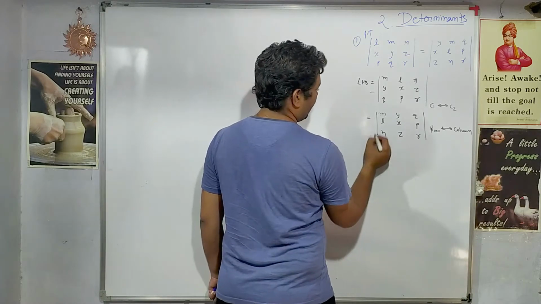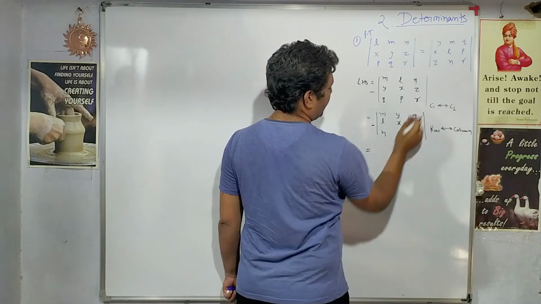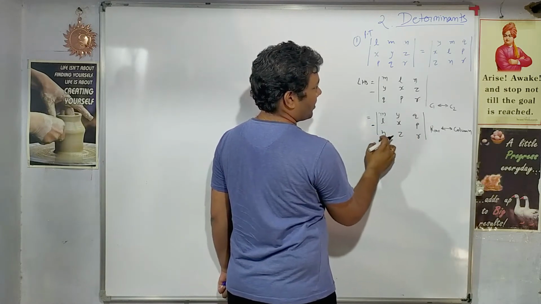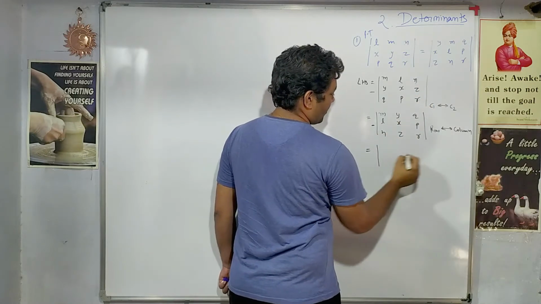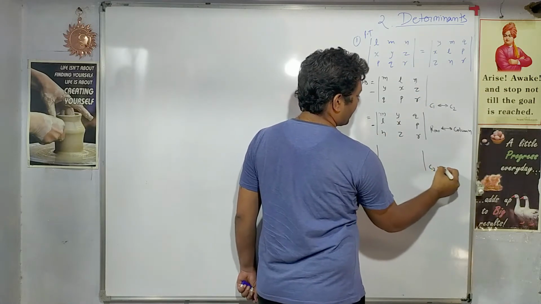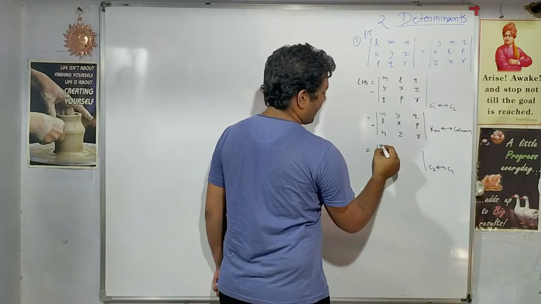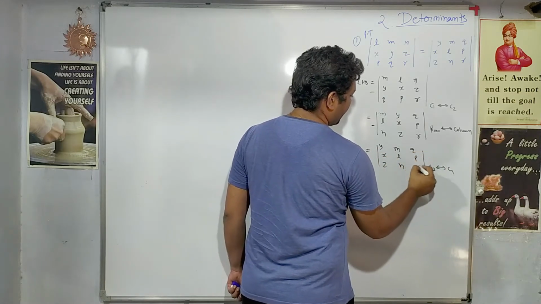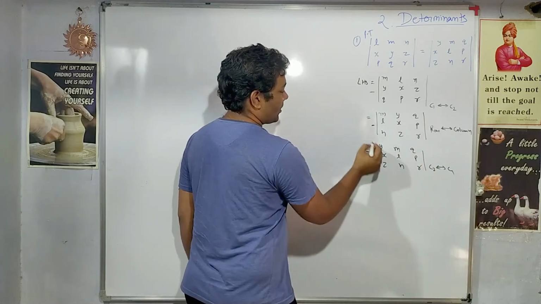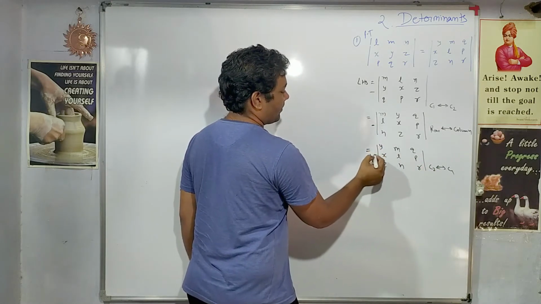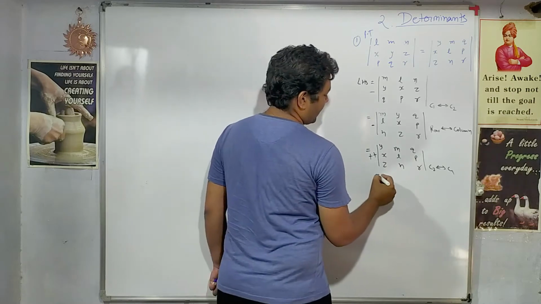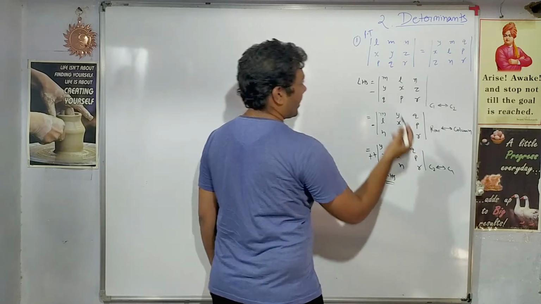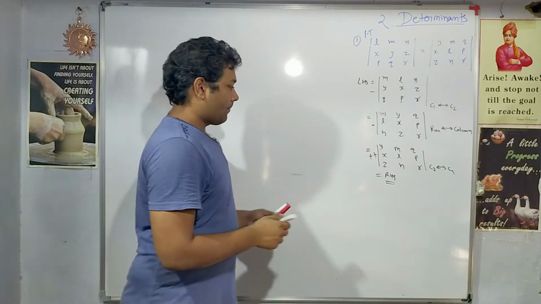Now once again I can see that if I bring the second column to the first, then I will obtain my answer. So the next operation I will do is exchanging column 2 and column 1. So Y, X, Z, M, L, N, Q, P and R. Since columns have been exchanged, minus minus will become plus, and this is the RHS. Hence we have proved the question.